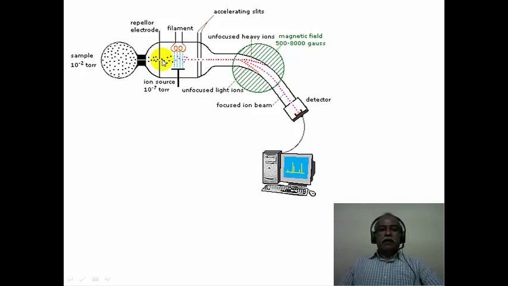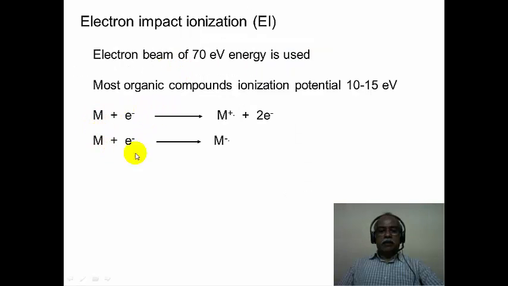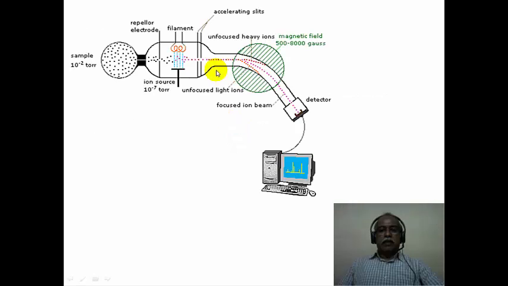The sample essentially passes through a slit through this electrode, and is brought under the stream of high energy electrons, and this is the process by which the ionization takes place. And these equations represent the chemistry that is taking place in this region of the ionization chamber of the mass spectrometer.